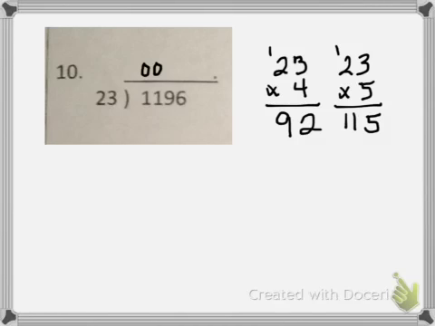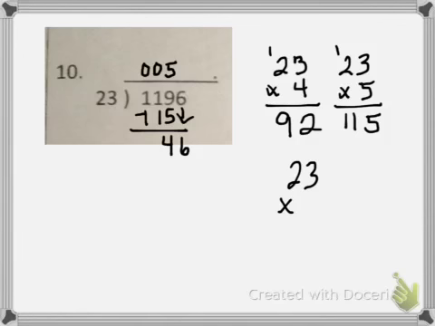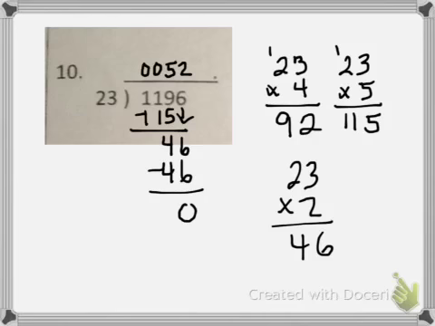So it looks like 23 can go into 119 5 times. So 119 minus 115 is 4, and bring the 6 down. And 23 times 2, that's 46, and 4 gives us exactly 46. So when we subtract, we get a remainder of 0, and our quotient is 52.